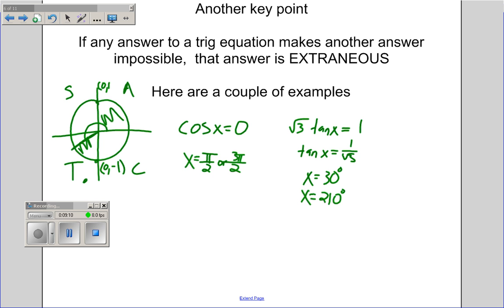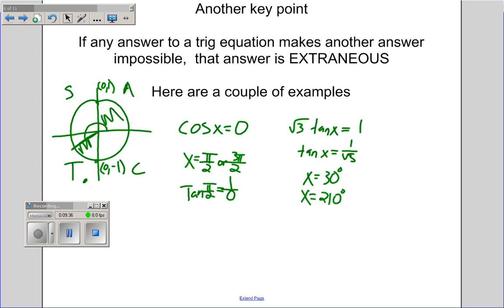So this is where we have to be careful, because I've got to plug these back in for tangent x to make sure it would all still work. So if I said tangent x, I'm going to replace x with pi over 2. What's that going to equal? Well, pi over 2 is up here. Tangent is y over x, right? That's going to be 1 over 0.